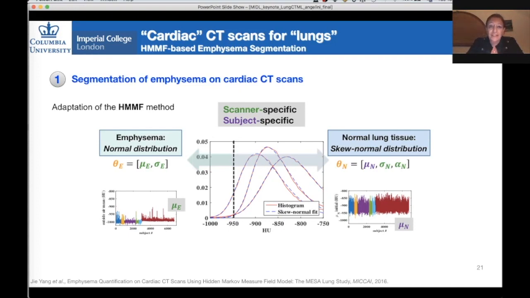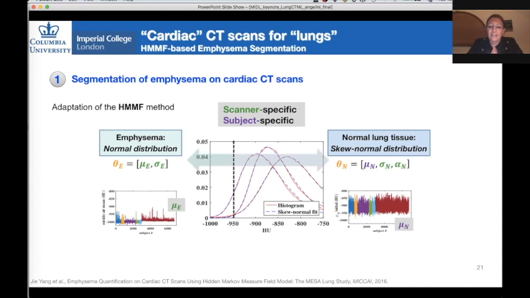First, regarding the segmentation, we revisited the HMMF segmentation method, and we spent quite some time doing parameter tuning for all the hyperparameters of the method. For the full lung CT scan, as I mentioned, we ended up having scanner-specific parameters, especially to parameterize the statistical distributions used to model the emphysema and the normal lung tissue.